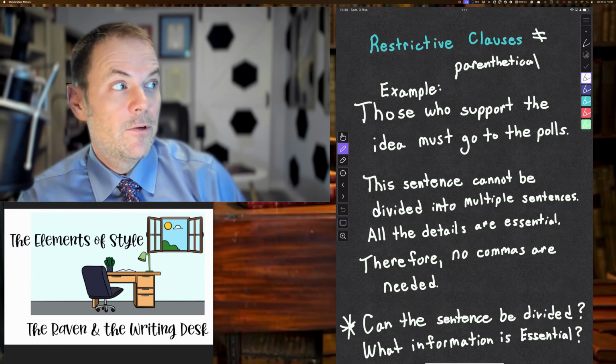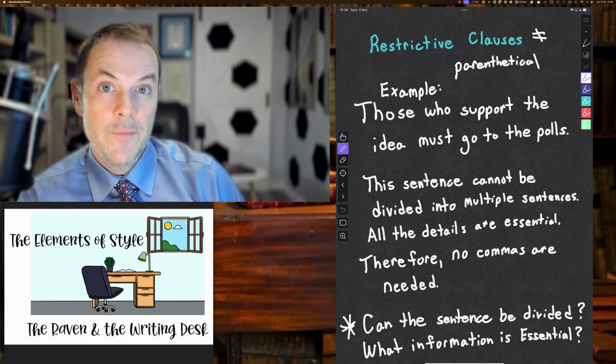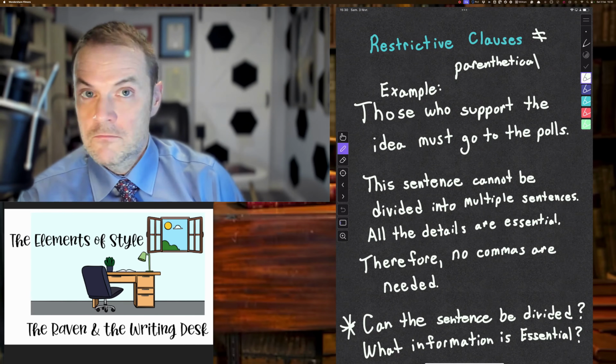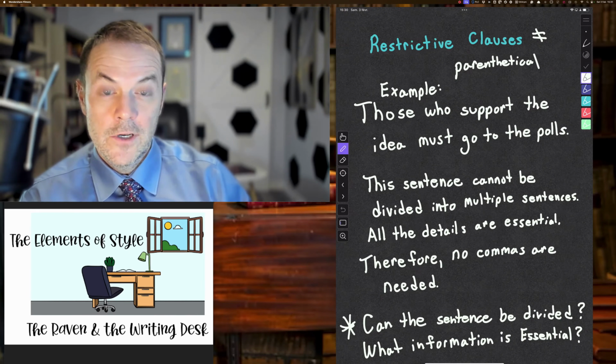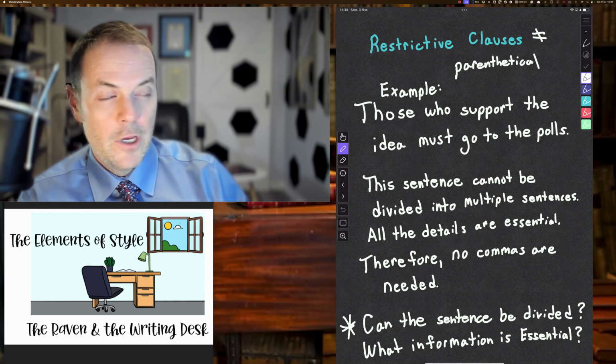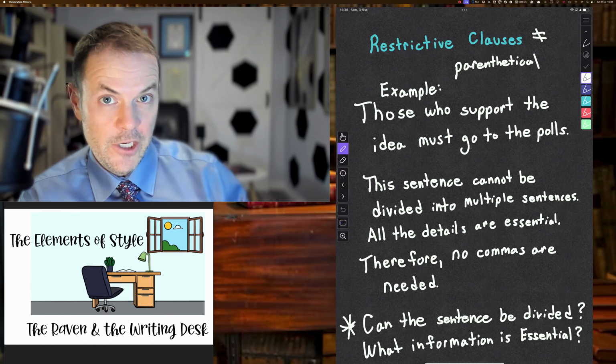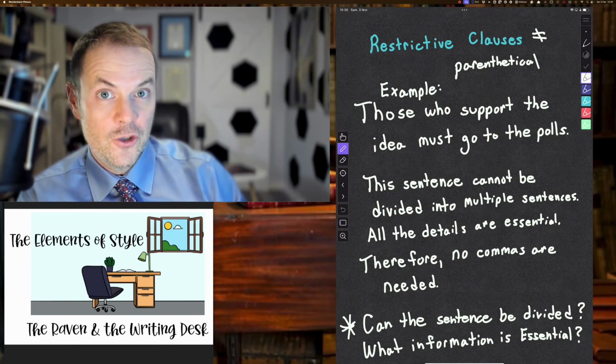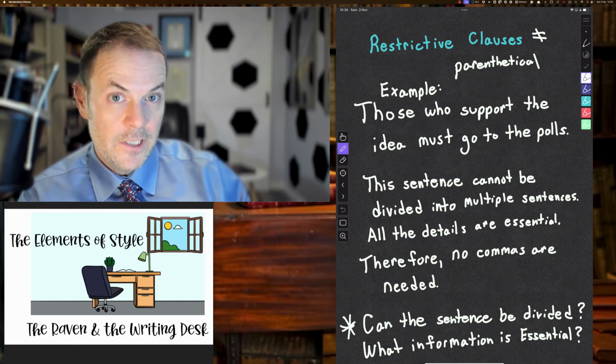Now, a restrictive clause is not parenthetical, and as a result, doesn't need commas. For example, those who support the idea must go to the polls. When we look through this sentence, there's no additional information. Every word is contributing towards the same idea.